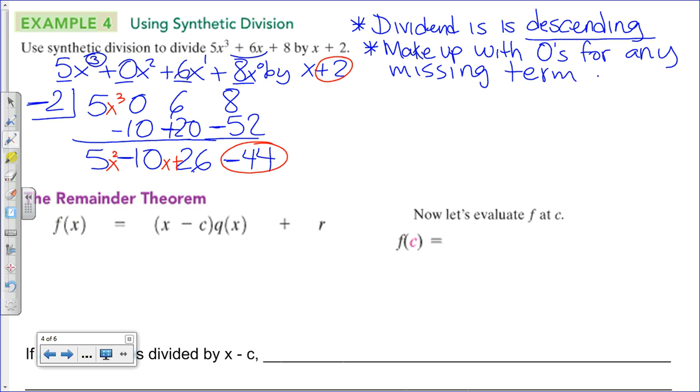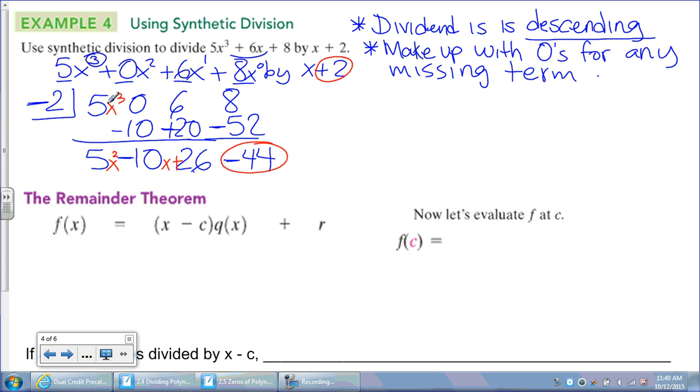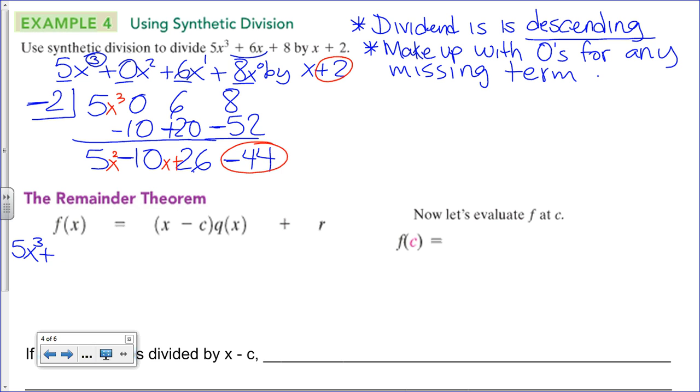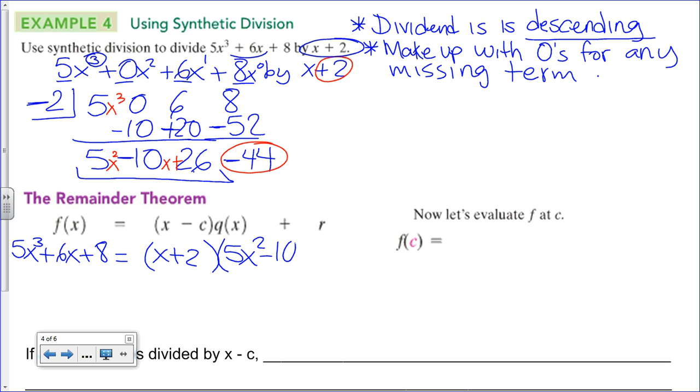So by using the remainder theorem, I'm going to say that the polynomial 5x cubed plus 6x plus 8 is equal to the divisor, which is x plus 2, right here, times the quotient, which is here, 5x squared minus 10x plus 26, and then plus the remainder, and the remainder is negative 44.